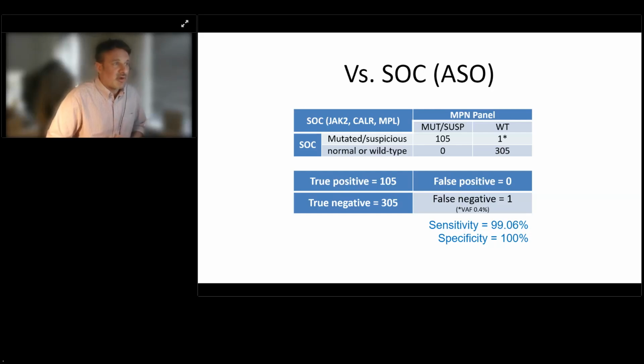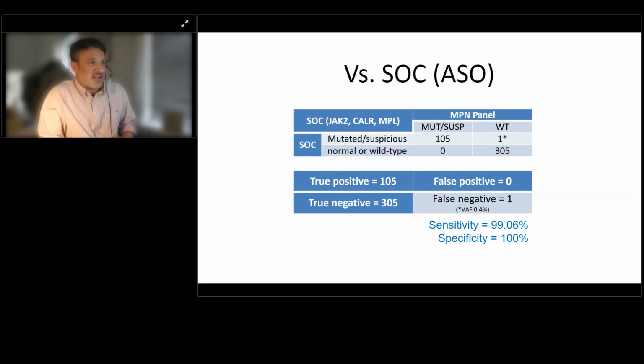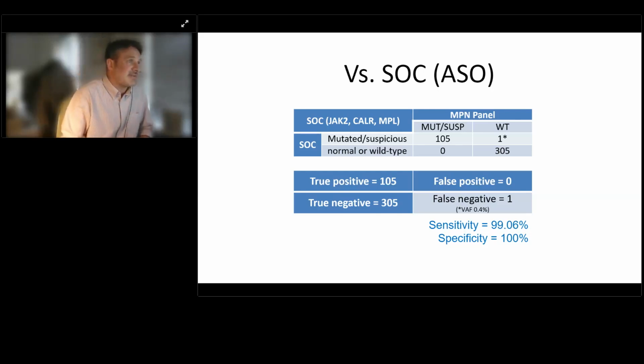So the pipeline that we've designed returns everything that it finds at that position above 0.5%. And it's inevitable with any assay that there will be samples which have a VAF that hovers around your limit of detection, which on the first pass you might find at 0.4 and on the second pass you find at 0.6. What's important to point out is that this really isn't a false negative because we're only trying to detect samples above 1%. So that explains that false negative.